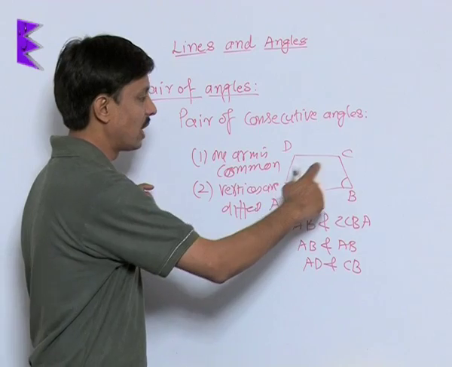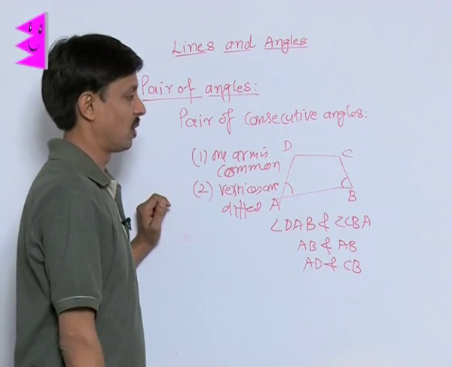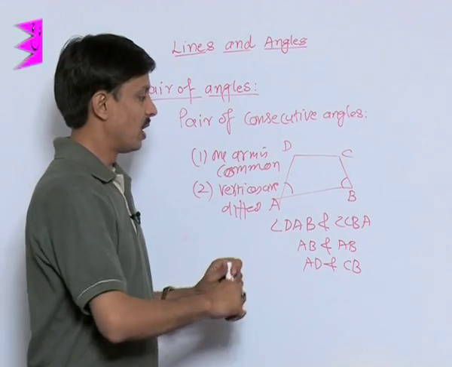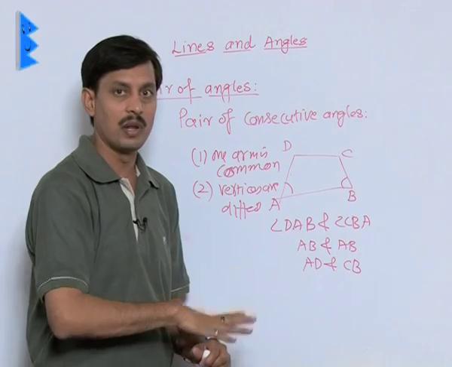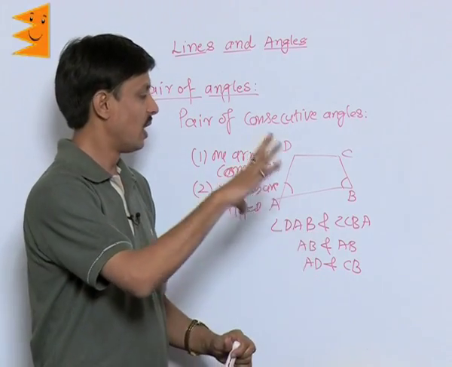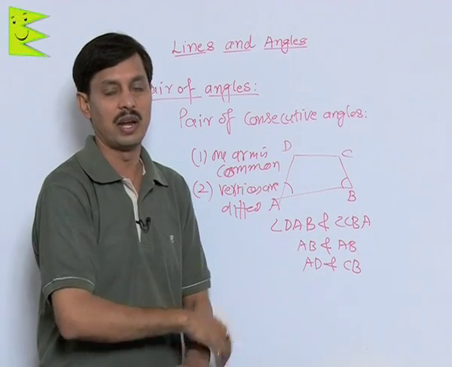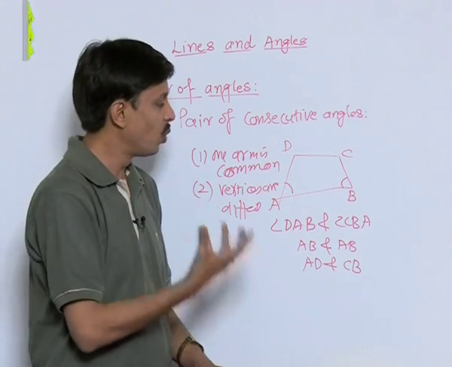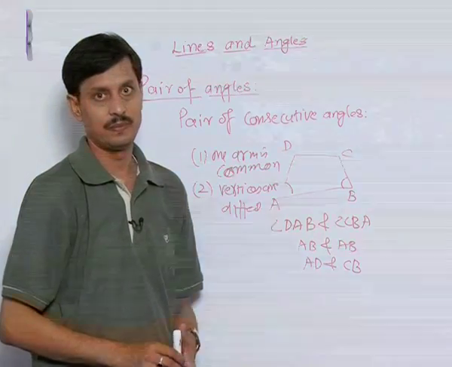What about these angles A and C? These are known as the opposite angles of the quadrilateral, where neither any side nor vertex is common. But if the vertex is the same and a side, an arm, is common, that is known as the pair of adjacent angles.